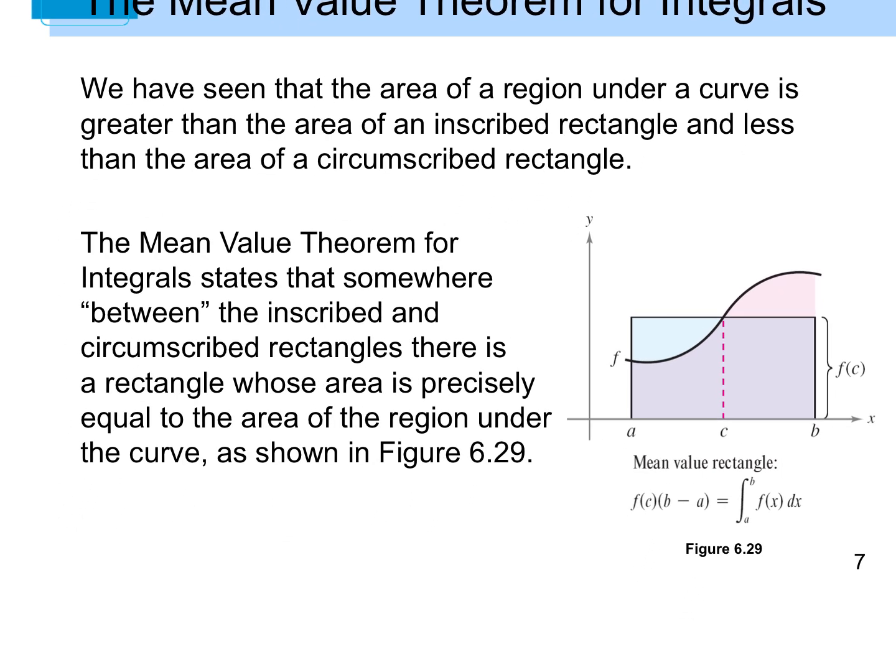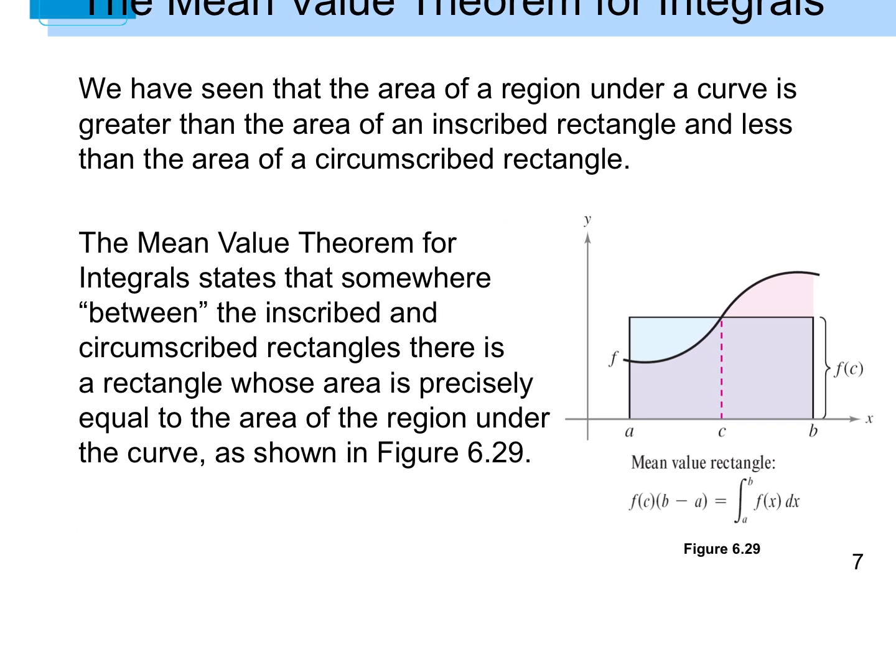Right, so the mean value theorem for integrals states that somewhere between the inscribed and circumscribed rectangles, there is a rectangle whose area is precisely equal to the area of the region under the curve. So it'll tell us on the next page, but we'll have our mean value rectangle, which would be f of c.